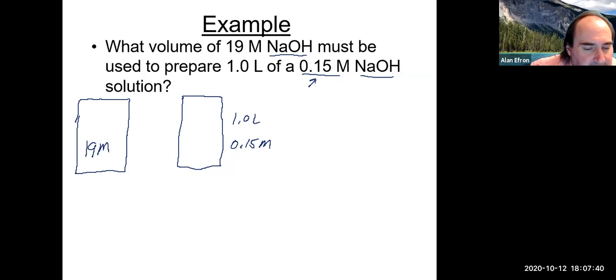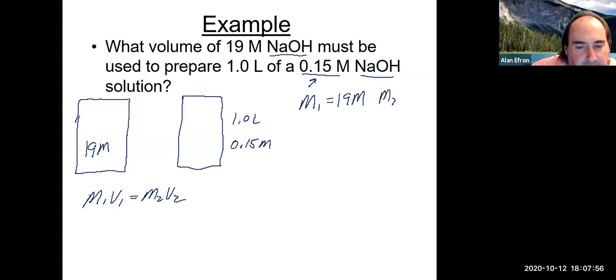So this is definitely where we could use our dilution equation, M1V1 equals M2V2. And typically our ones are the more concentrated ones. So M1 would be 19 molar. M2 would be what we're trying to make, which would be 0.15 molar. V2 is 1 liter.